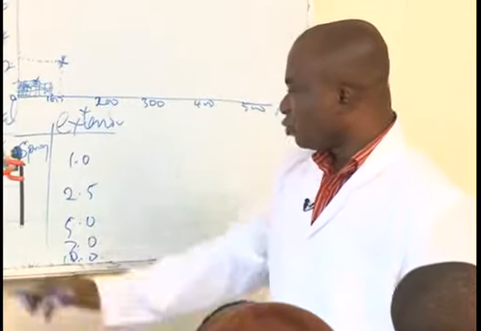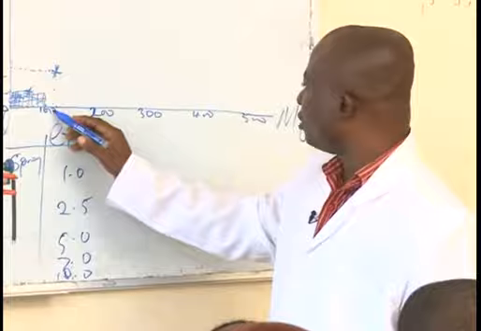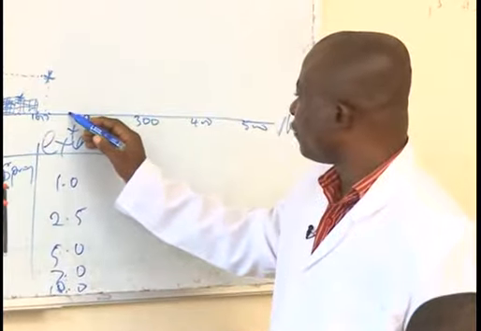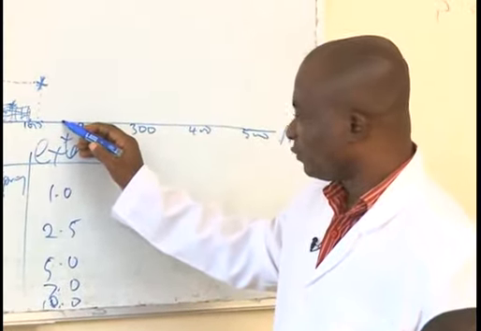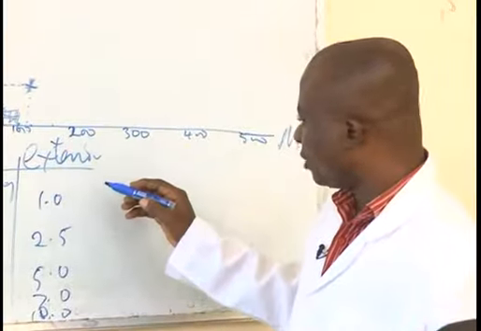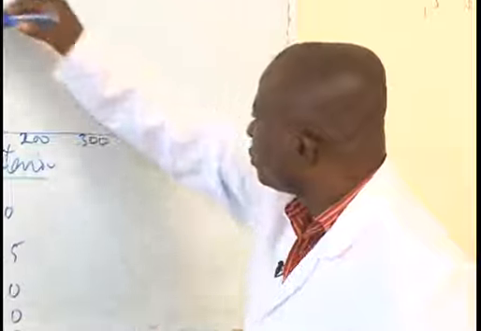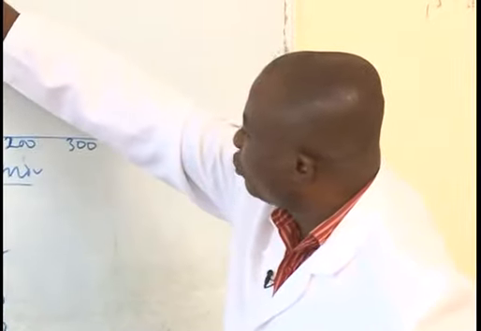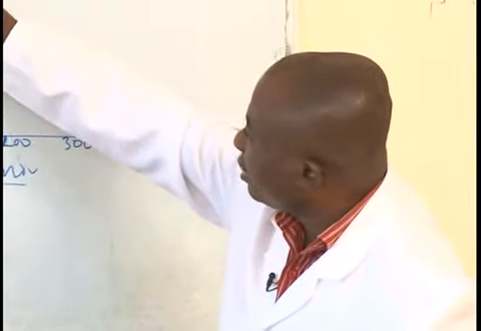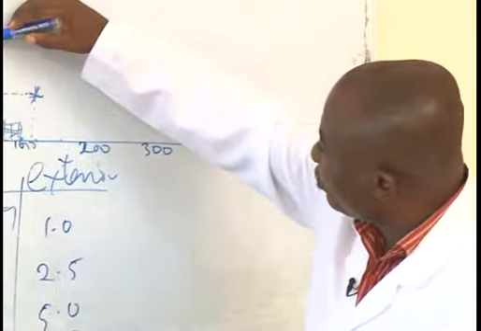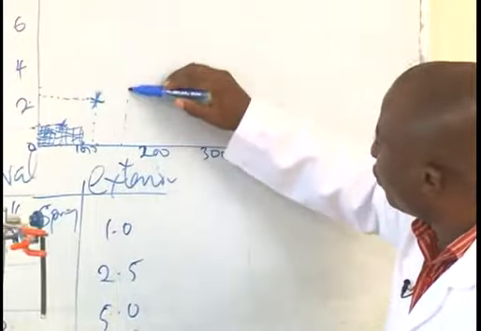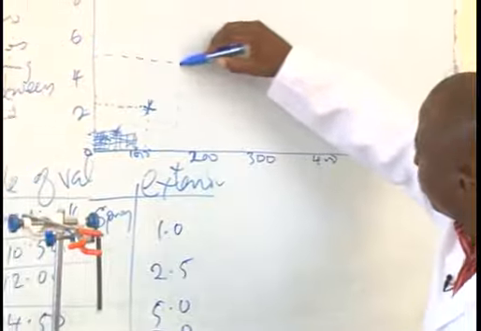So you put an asterisk. Please take note of the first one. When it is 150, 150 is between 100 and 200, so half of this will give us 150. For 150, what do we have? 5. So 5 is going to be here. The difference between 6 and 4, we have 5 in between, is that not? So half of this is going to give us what we want.